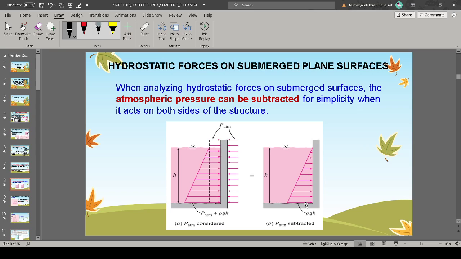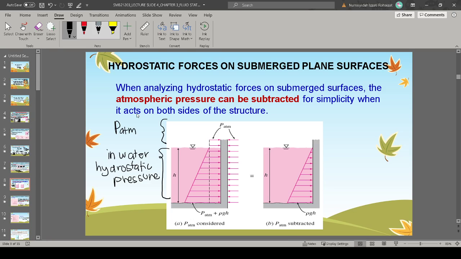Okay, we know that we have hydrostatic pressure in water, and on the surface above the water we will have PATM.